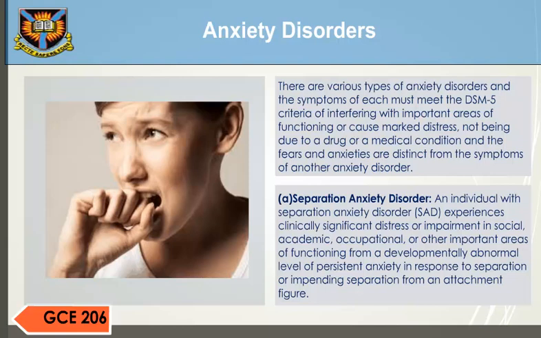An individual with separation anxiety disorder, SAD, experiences clinically significant distress or impairment in social, academic, occupational, or other important areas of functioning from a developmentally abnormal level of persistent anxiety in response to separation or impending separation from an attachment figure.